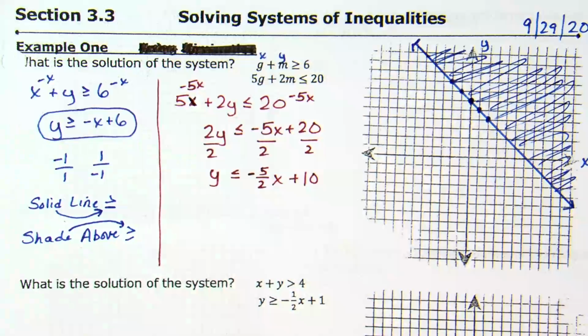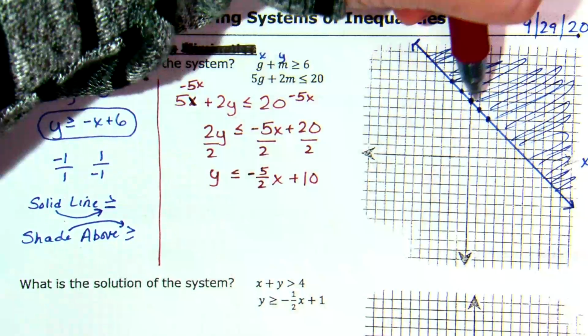Okay. Where do I start in this one? Up 10. How does this slope work? The negative can go with the 5 or the 2.